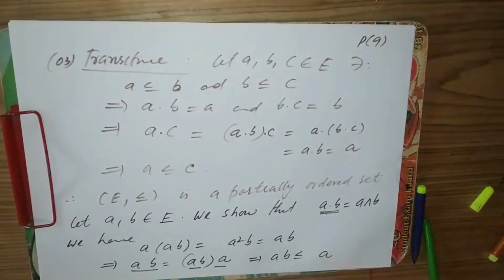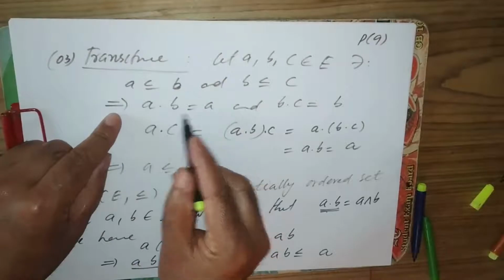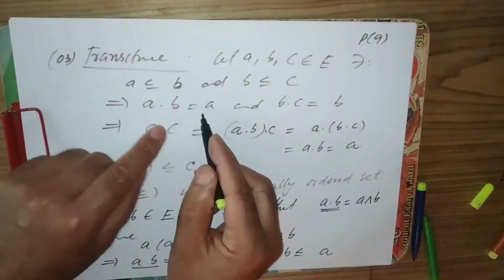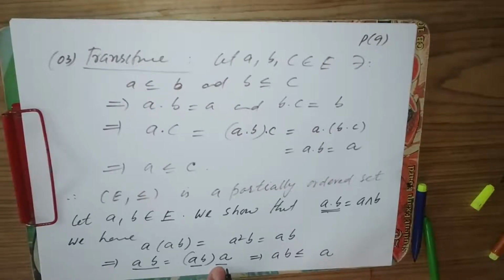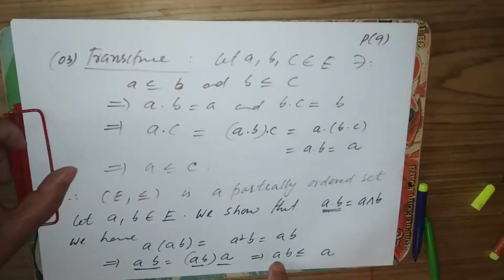A less or equal to B means A dot B is equal to A, and A dot B equal to A means A is less or equal to B. So product of AB and A is AB, so it means that AB is less or equal to A.